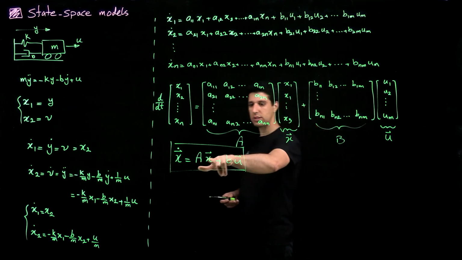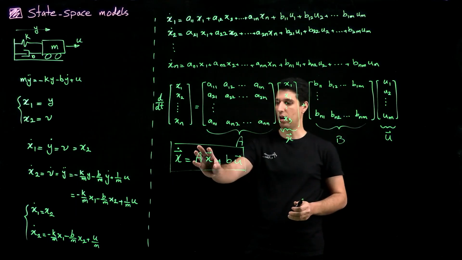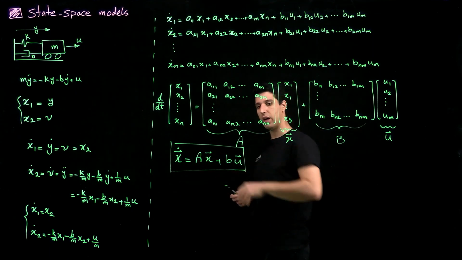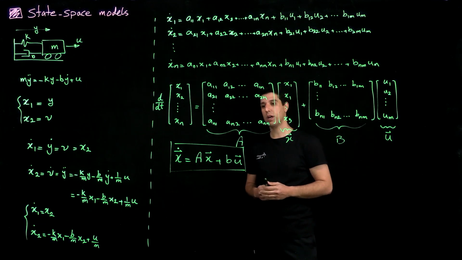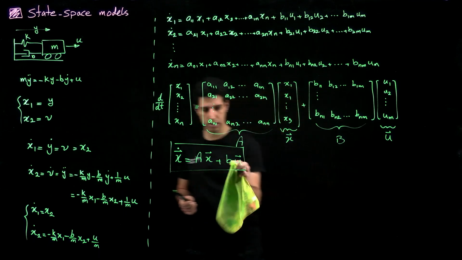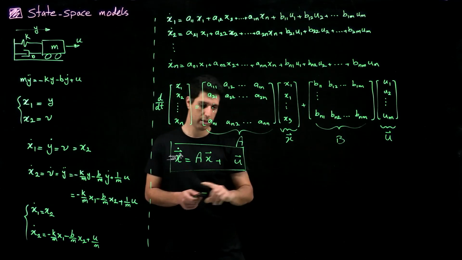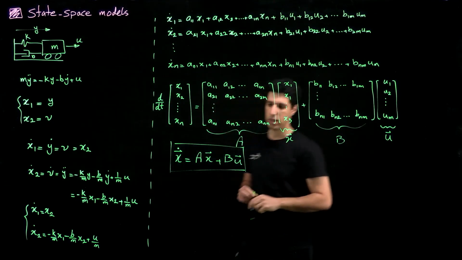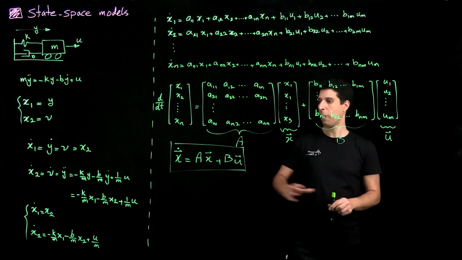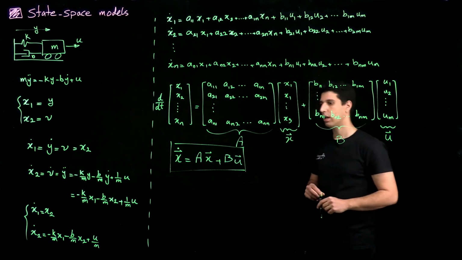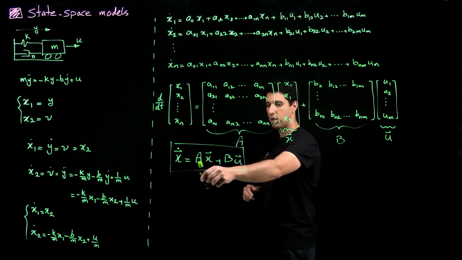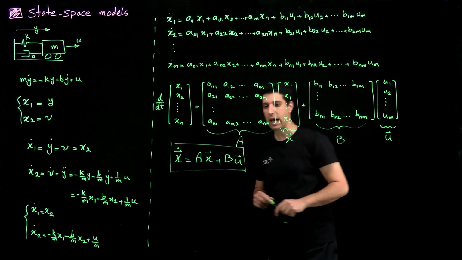It's a linear combination of all x variables, multiplied in compact form by a matrix A, and the same thing with capital B times u. These two are matrices, x and u are vectors, and I can relate the derivative of the state vector linearly to the x and u vectors.